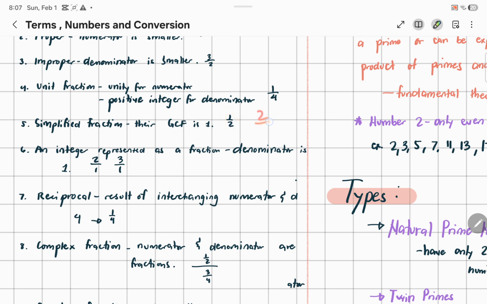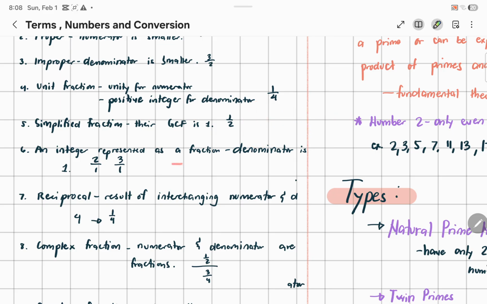Unlike if we have 2/4. The greatest common factor of these two is 2. 2 times 1 over 2 times 2. Therefore, that will just be 1/2 if you're going to find the lowest or simplified fraction of 2/4.